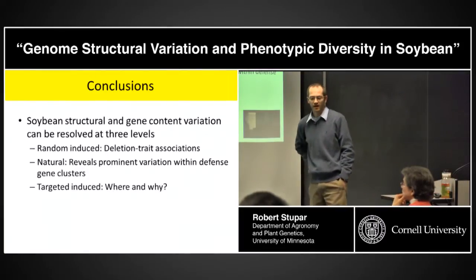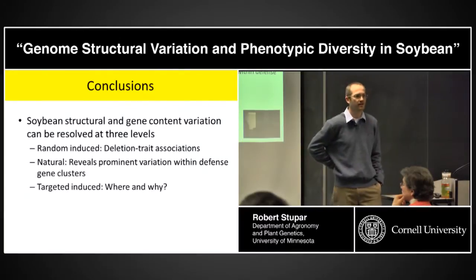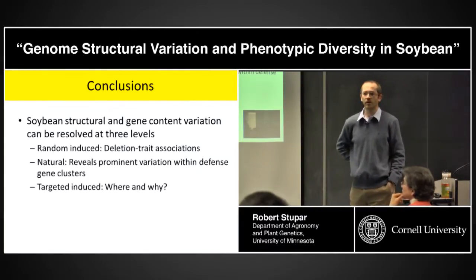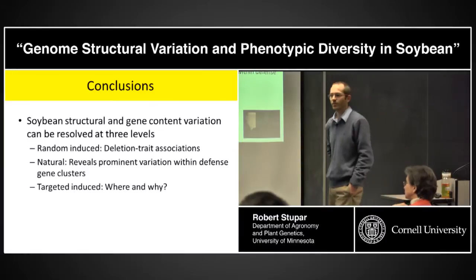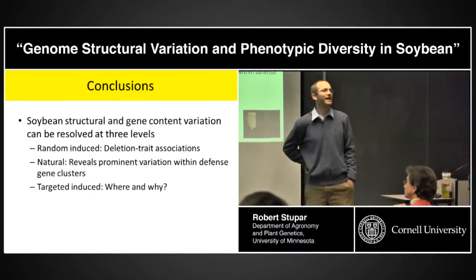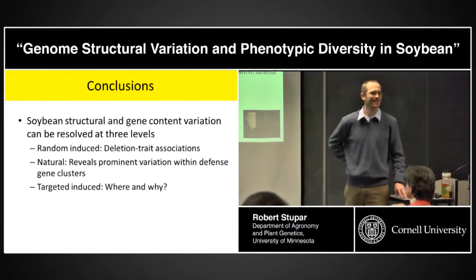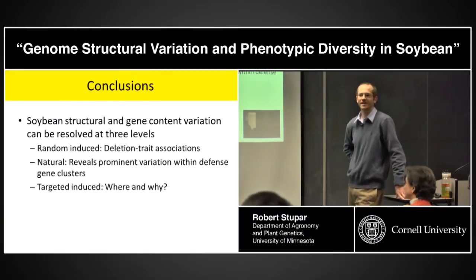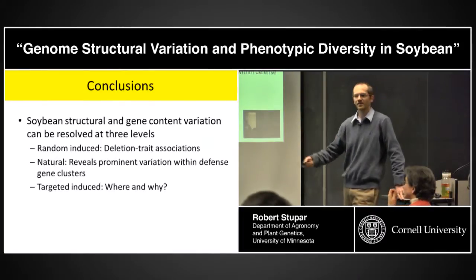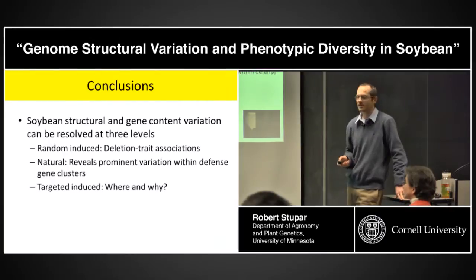And now we're starting to explore whether or not we can do targeted structural changes. Where and why is really the question. And what's our commitment to, you really have to care about what you're targeting because there's nothing easy about doing this sort of engineering. Anyone who's ever done a transformation experiment in soybean knows that alone is not trivial. But to actually then follow it up with the genetics and the evaluation of the plants for this sort of thing is a real commitment.